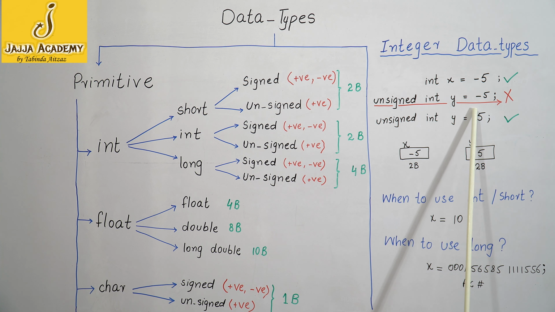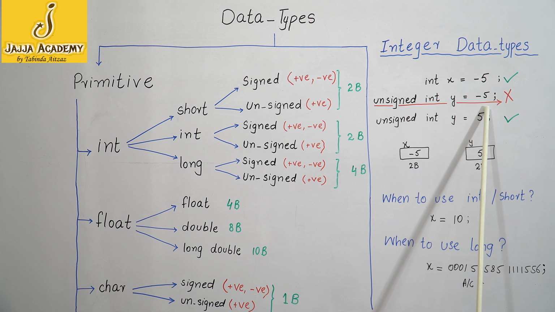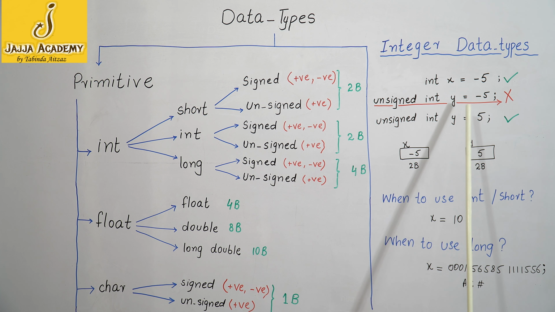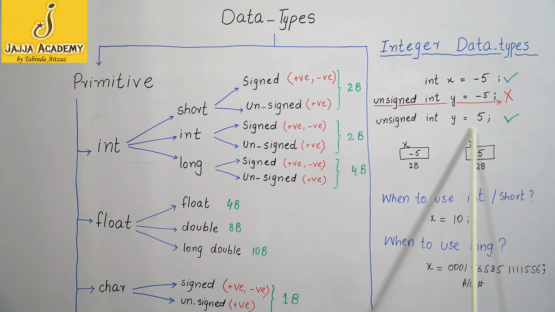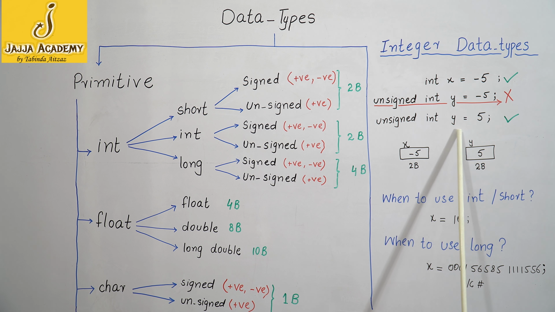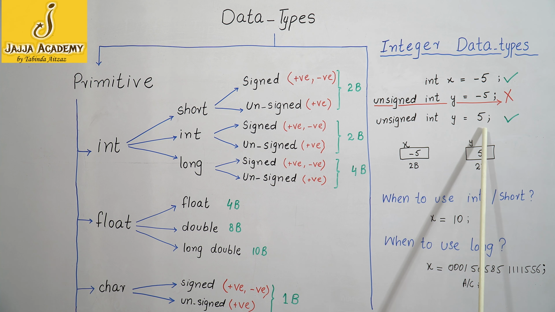I have assigned -5 to an unsigned integer variable y. So it will be an incorrect operation because I cannot assign a negative value to an unsigned number. It must be written like unsigned integer y is equal to 5. Here 5 is a positive value, so y being an unsigned integer will support a positive value. So it's a correct statement.